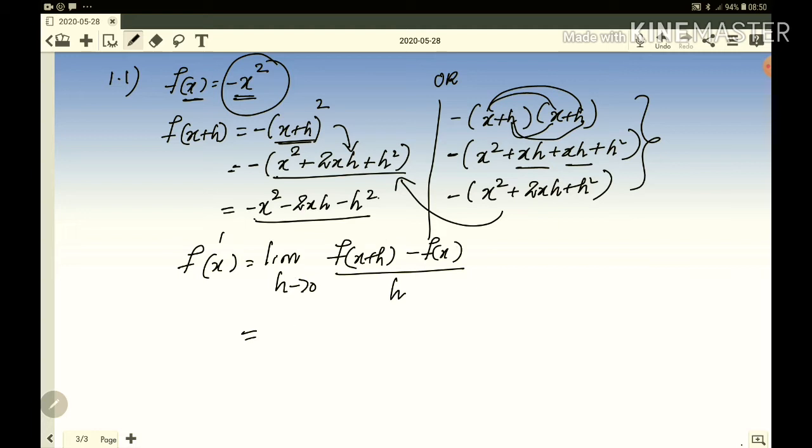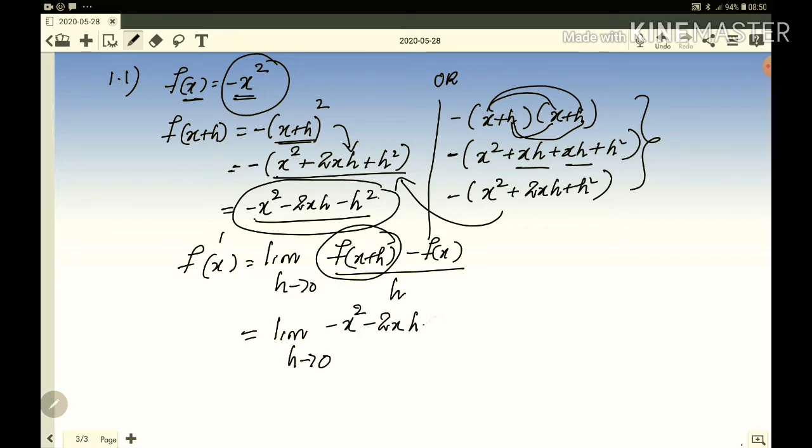Both you have to substitute. That is limit h tends to 0. In the place of f of x plus h, I have to write this one: minus x square minus 2xh minus h square. Then minus in the formula, you have to write it. Then f of x. When you write f of x, you should be very careful.